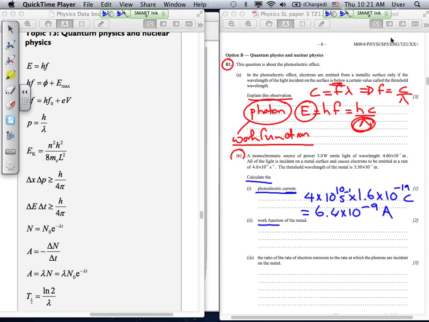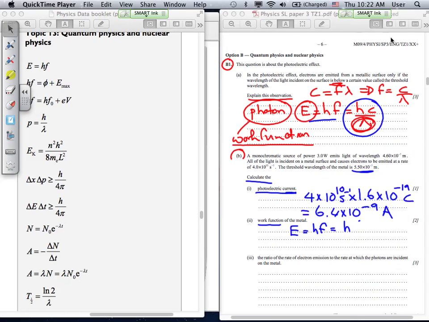The work function of the metal. Now we know that E is equal to hf, and we are given the threshold wavelength. So I'm going to put this formula in terms of wavelength: hc over lambda.